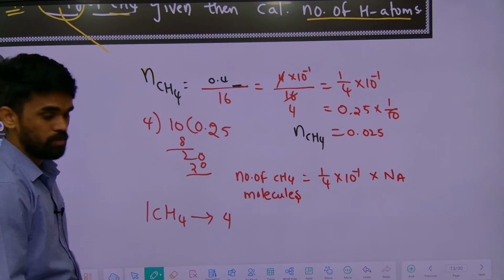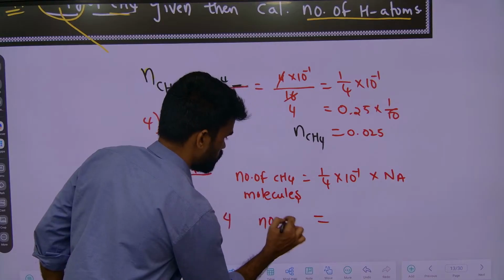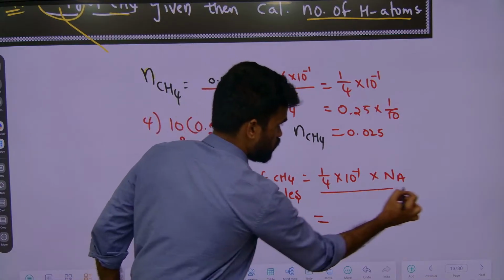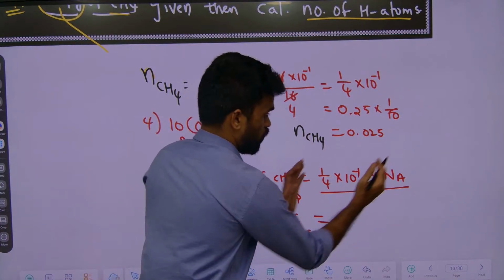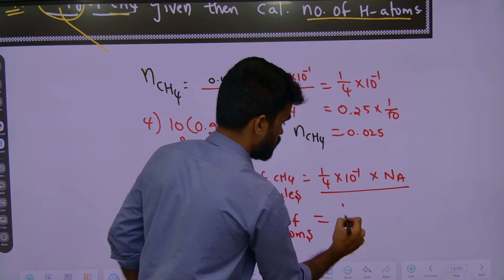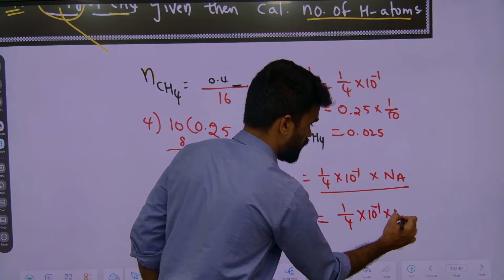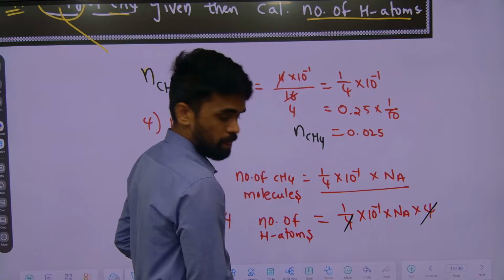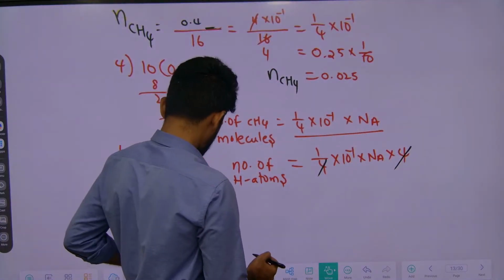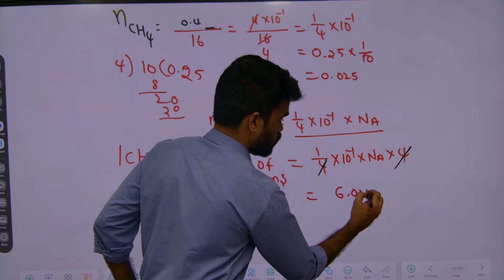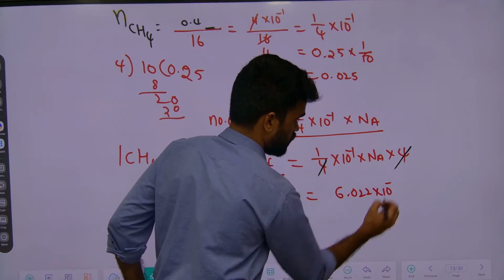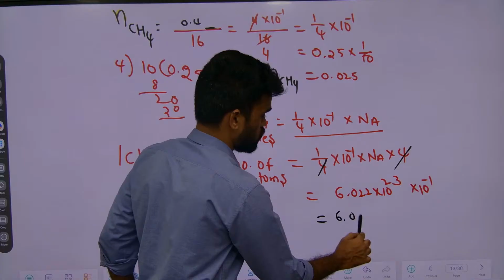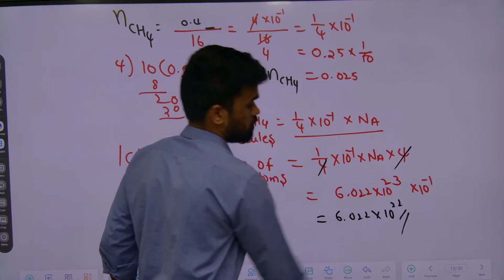That is what atomicity. So number of hydrogen atoms, if asked, is this many molecules of methane into its atomicity. 1 by 4 into 10 power minus 1 into Avogadro number into 4. So this 4 gets cancelled. Finally, Avogadro number means 6.022 into 10 power 23 into this number. So it is simply 6.022 into 10 power 22 is your answer.